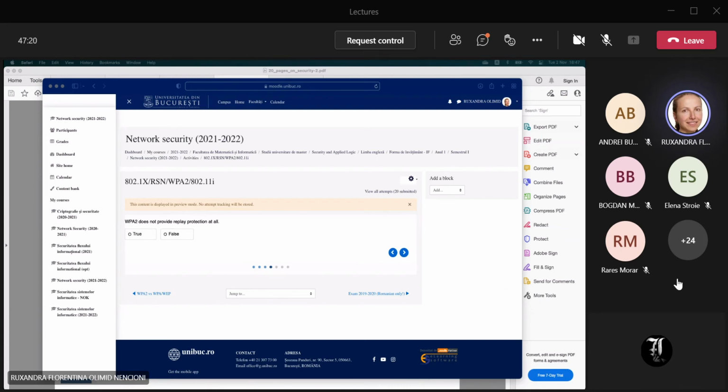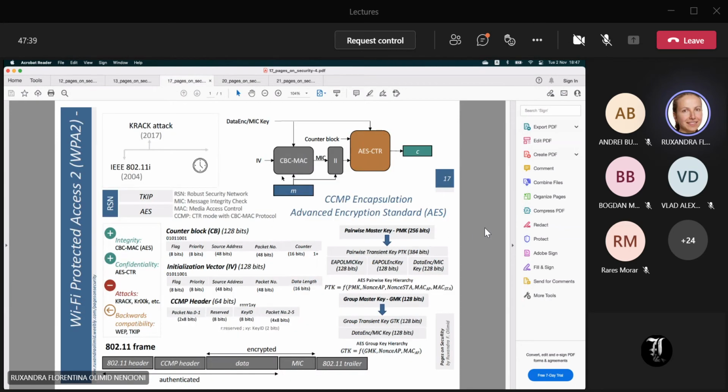Is WPA2 providing replay protection in any way, or does WPA2 not provide replay protection at all? True or false? Or does it have a mechanism to give some? It's false because we use nonces and we generate keys for each connection. Yes, that's true.